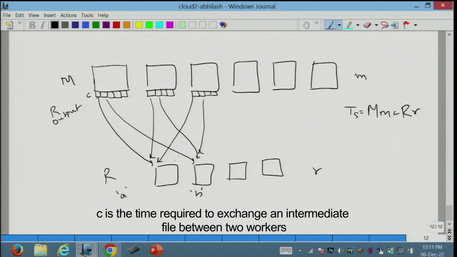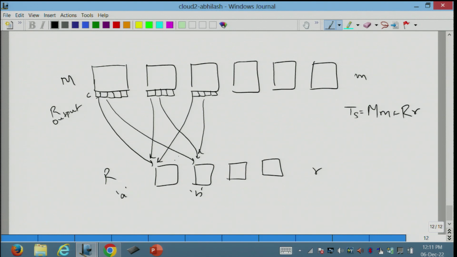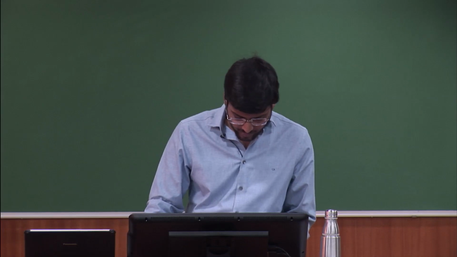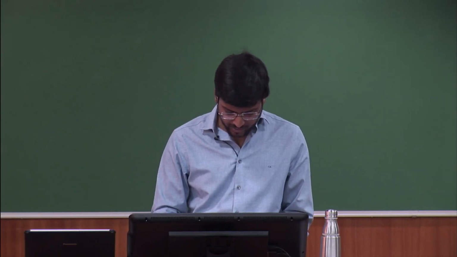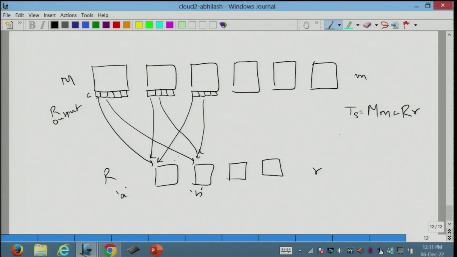So again we are back in the analytical land, by the way. We are making very happy assumptions. So now what is the parallel time of this? The first is I have to run this computation. So maybe I will split computation by giving M over P tasks to every worker.